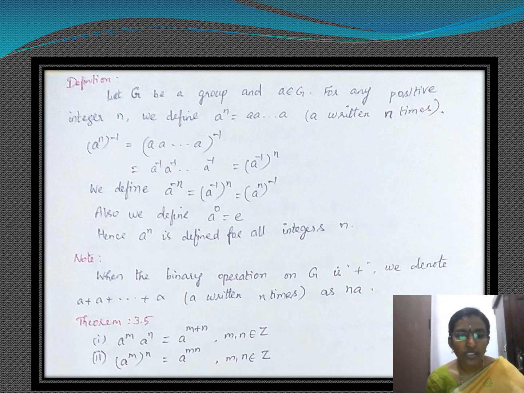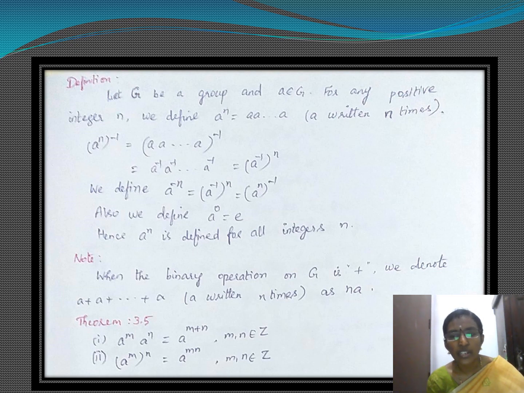To move on to the next property, we define a new term. Let G be a group and A belongs to G. Then for any positive integer n, we define A power n is equal to A into etc. A, n times.